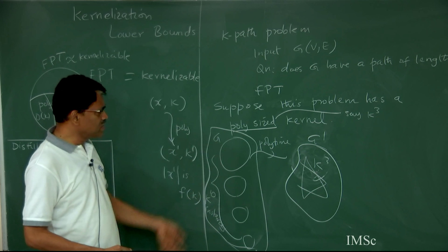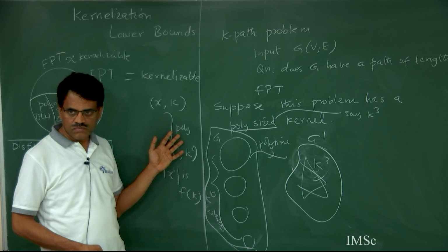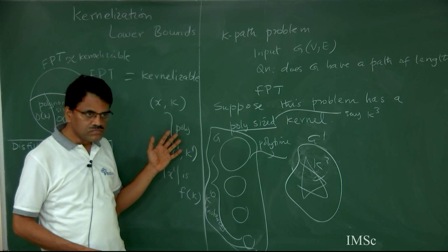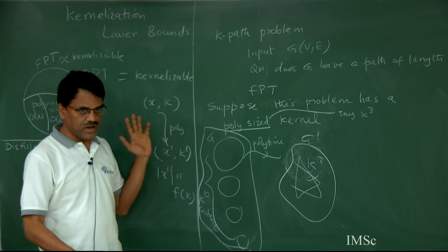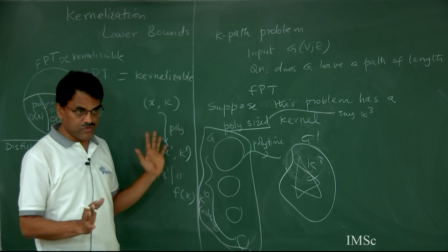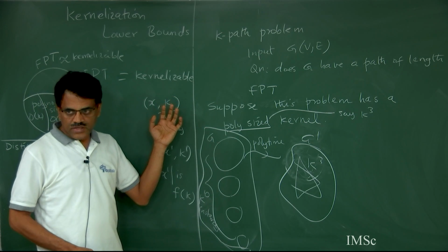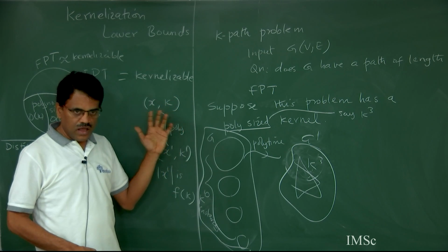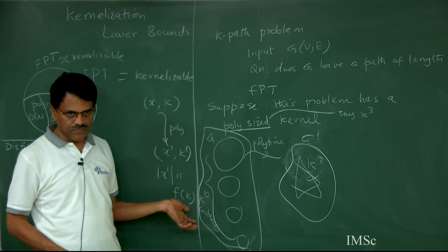But when does this graph have a path of length k? It is if and only if, because this is a disjoint union. So, this whole graph has a path of length k if and only if there is some component here which is a path of length k.